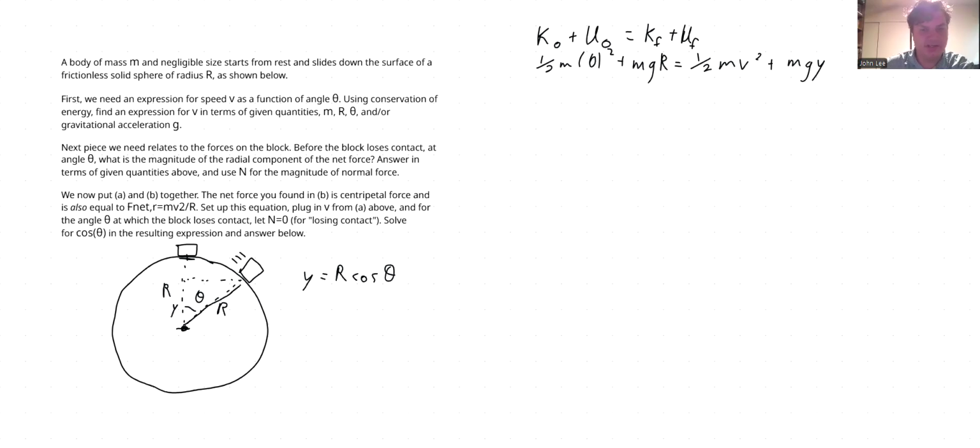This is equal to r times adjacent over hypotenuse, which is just because r is equal to the hypotenuse, y is equal to r times adjacent over r, which is just equal to the adjacent side of the triangle, which is just going to be equal to r cosine theta.